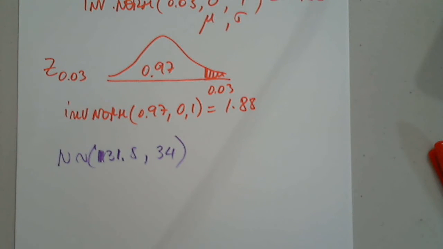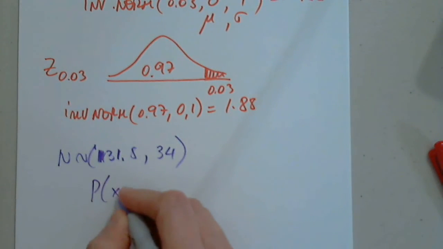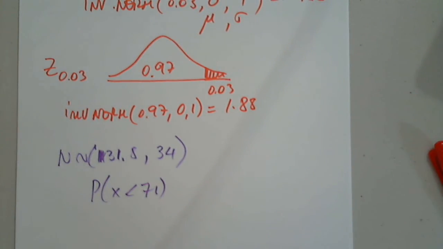Is there any problem with this? Because we did this in class together. Any problem? I just wanted to go over it again. So this is the normal distribution. With a calculator, if you want, second, distributions, and you go to normal CDF. So the probability for x to be less than 71.